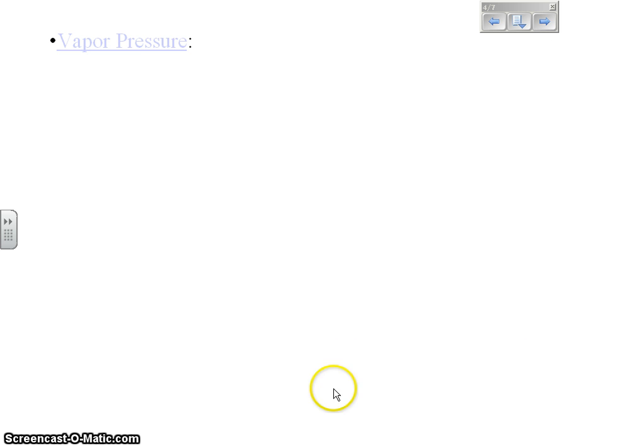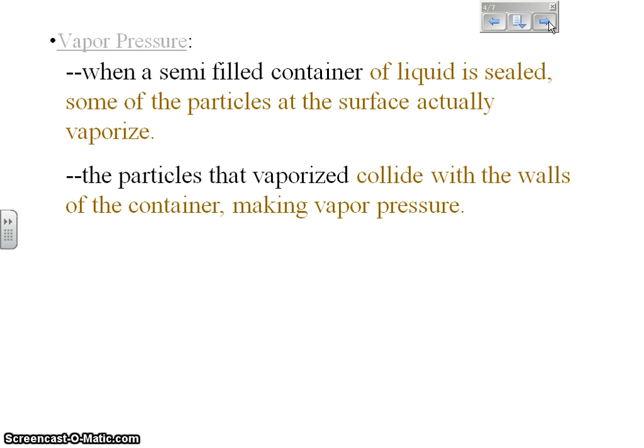What is vapor pressure? Vapor pressure is when a semi-filled container of liquid is sealed, some of the particles at the surface actually vaporize. The particles that vaporize collide with the walls of the container, making vapor pressure.